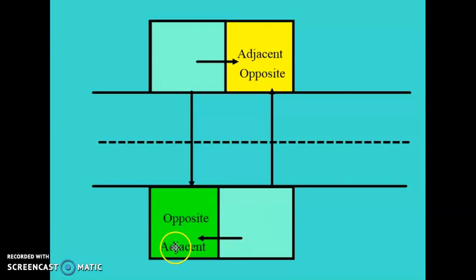So relative to where you stay or your position, this could be adjacent or opposite. Adjacent to this one, but opposite from this one. And if this is your house, this one would be opposite from your house, and that one would be adjacent to your house.